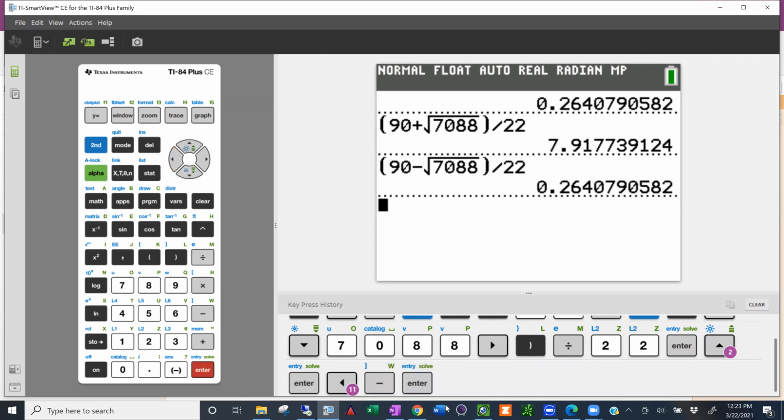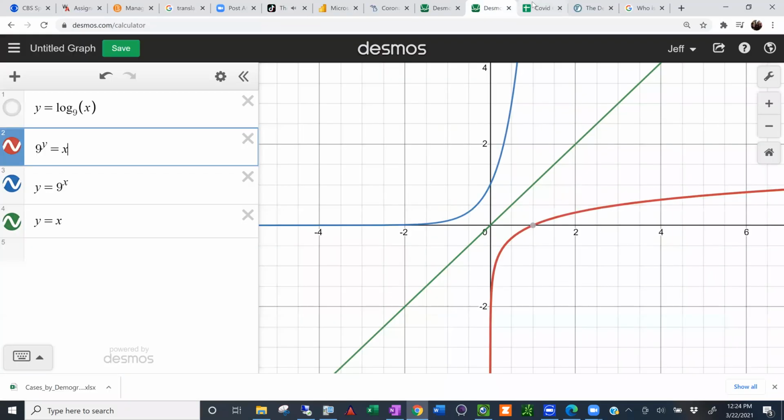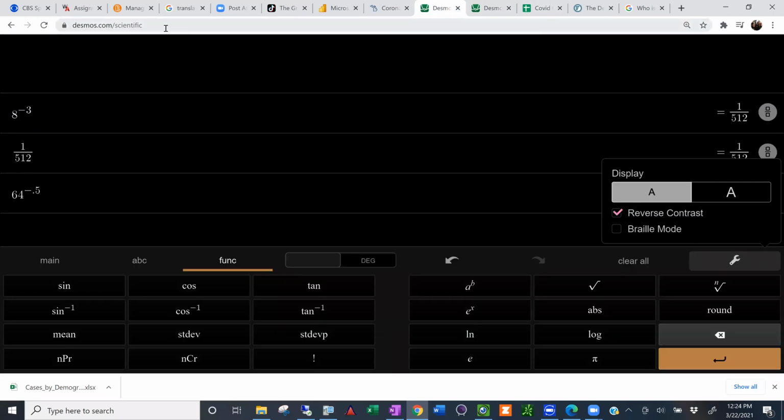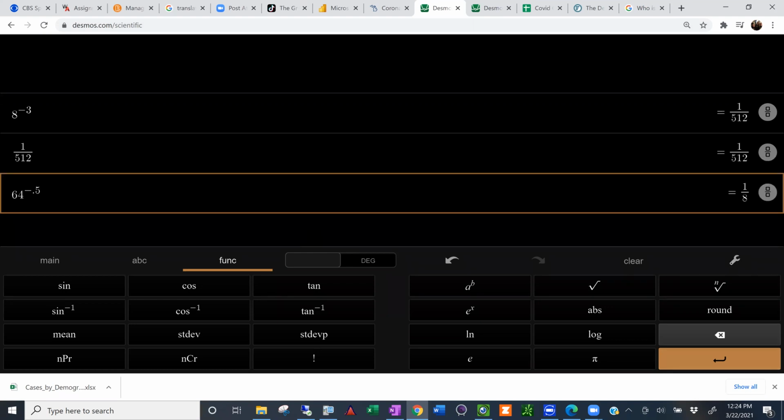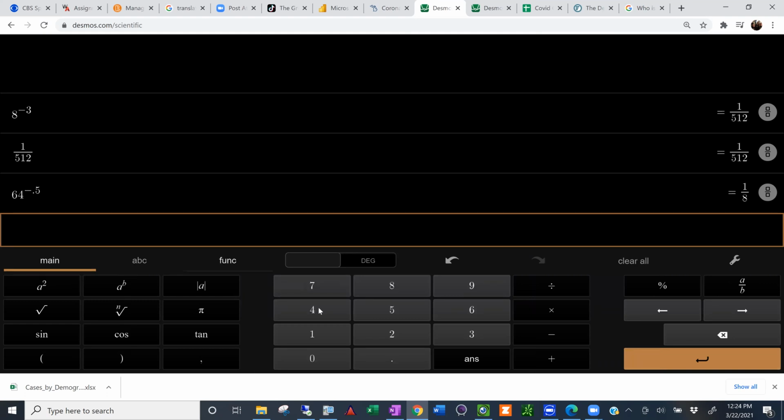And let's take a look at it on Desmos. You're right that you probably want to go to Desmos. So if you go to Desmos.com and click scientific, you'll get a graphing calculator. If I wanted to calculate this on Desmos, I need to get on a new line by itself.